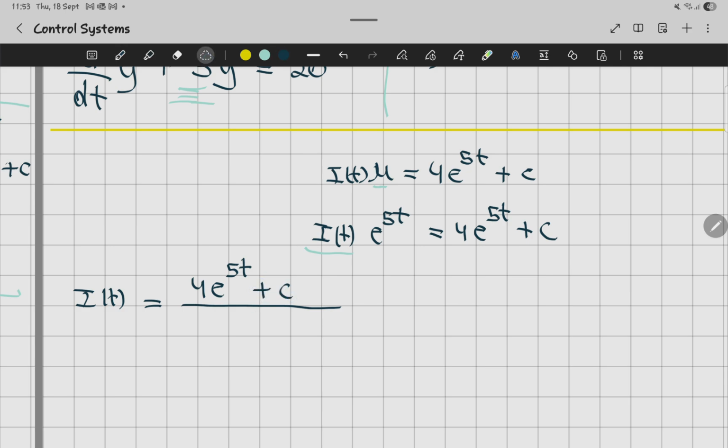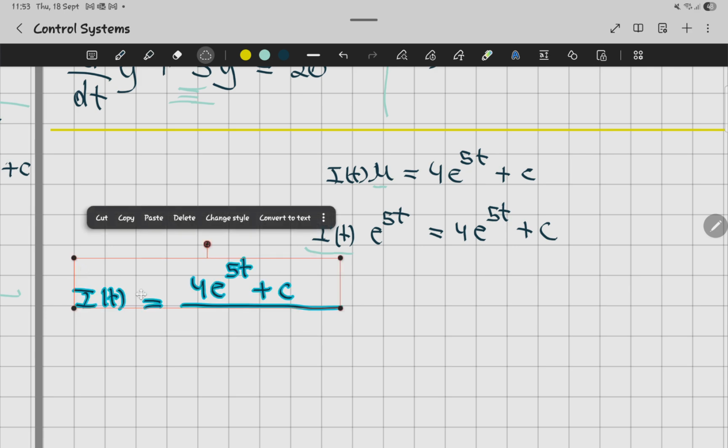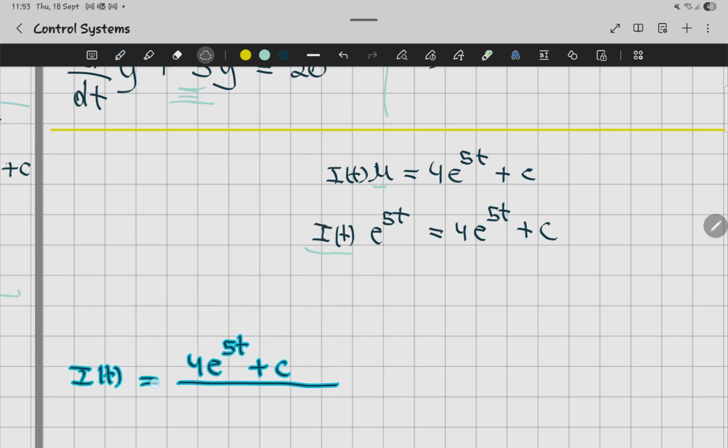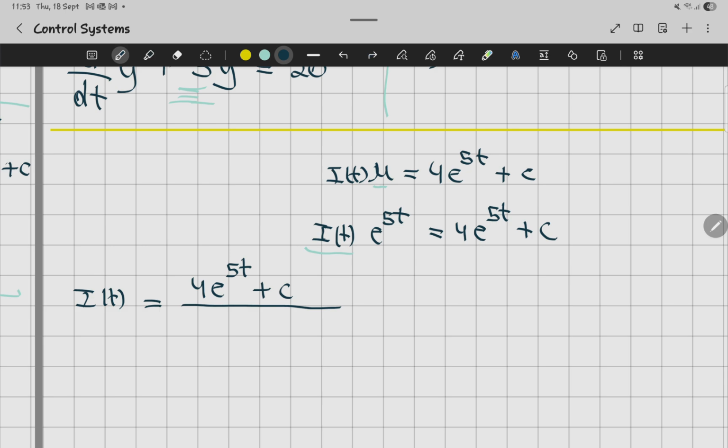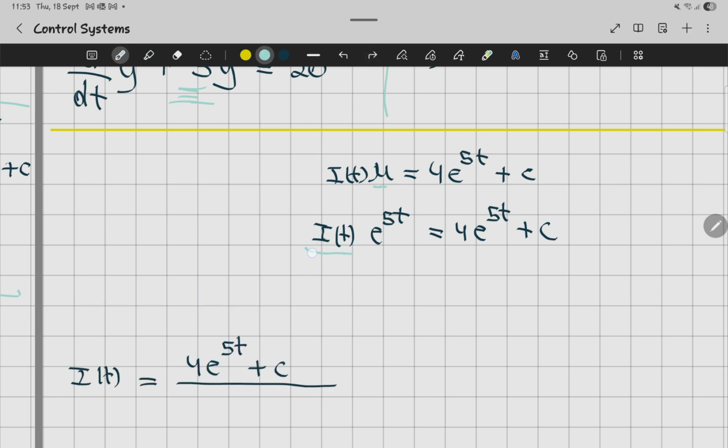Okay, so before I get to this equation, let me just see if I can divide both sides. So you need to divide both sides by e^{5t}, and then divide this side by e^{5t}.